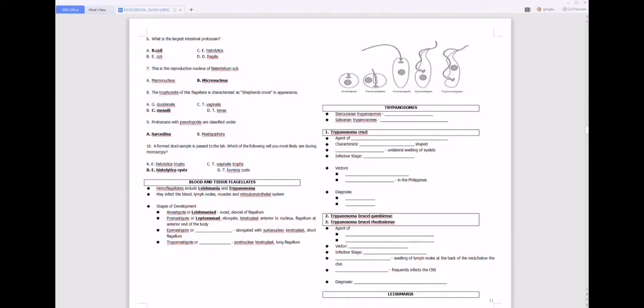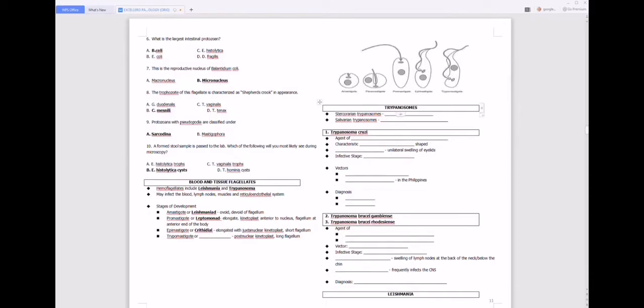So next, epimastigote, or what you call the crithidial form. So it is elongated with a juxtanuclear kinetoplast with a short flagellum. So juxtanuclear kinetoplast, malapit sa nucleus ang kanyang kinetoplast, diba?